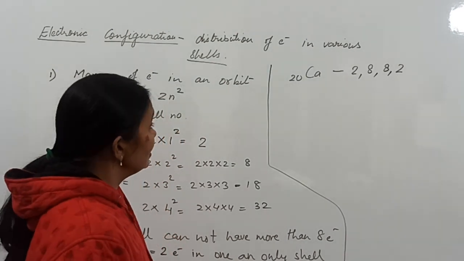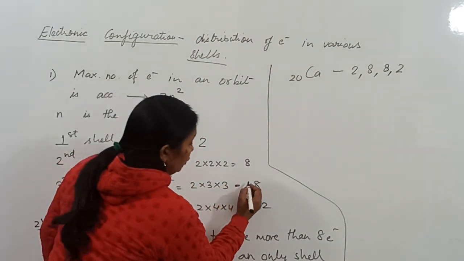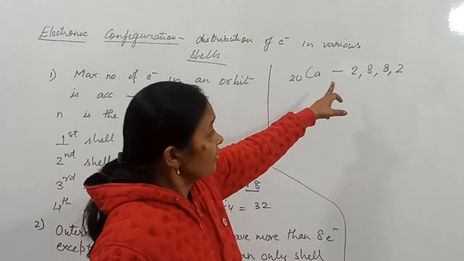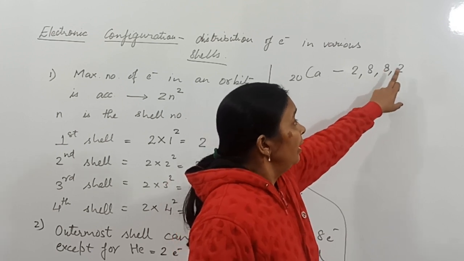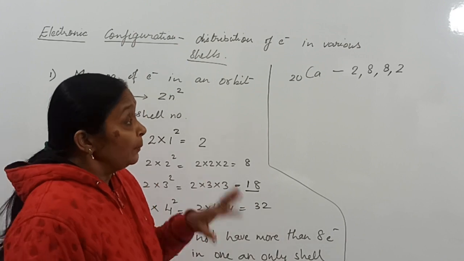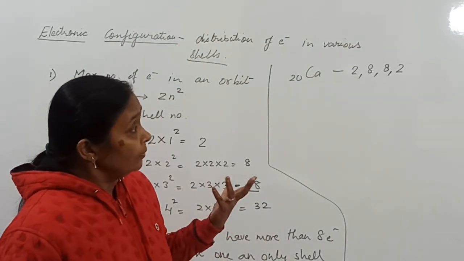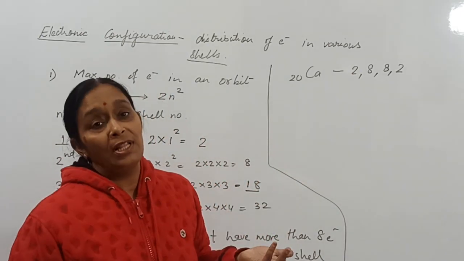Now you can see here that the third shell, I have told you, has a capacity of 18 electrons. So after filling 2 in the first shell and 8 in the second shell, we could have filled the remaining 10 in the third shell because it can accommodate 18. But it has not been done so because an atom can become stable when it has 8 electrons in the outermost shell.